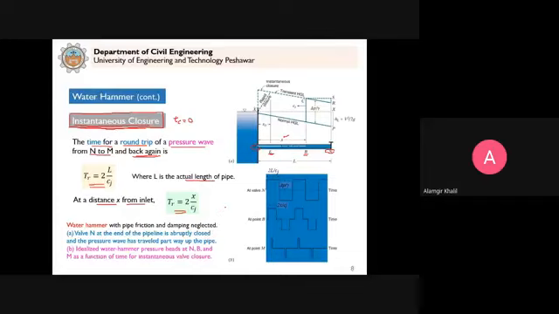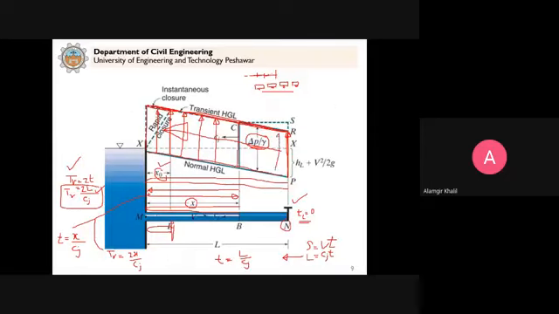So far we have talked about instantaneous closure: when you close the valve at time t equal to 0, the round trip for the pressure wave is set up, because the pressure will increase and then travel up the pipe, and this pressure wave can come back. I will explain why it can come back. As this pressure wave travels upstream, it increases the pressure in the pipe at all the points, all the way to the reservoir.